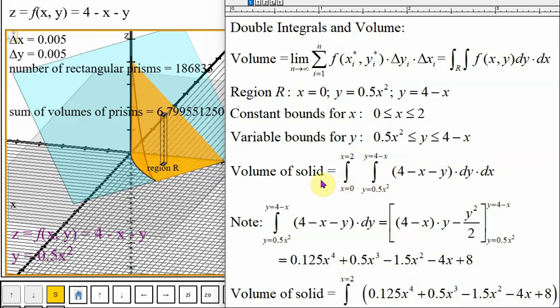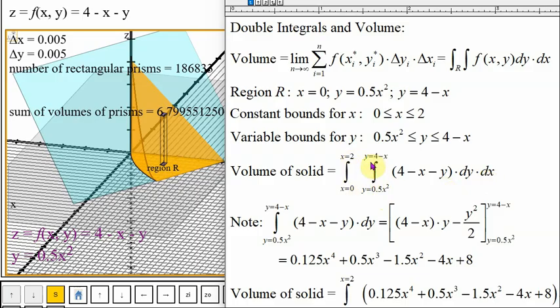And so the double integral is set up like this. This is the height, the surface function right here, z equal to 4 minus x minus y. And then the bounds for y, and then the bounds for x.